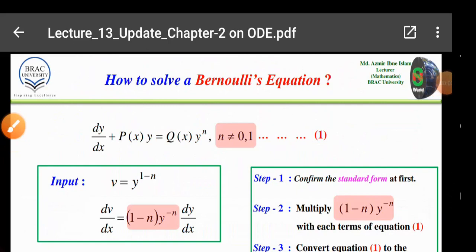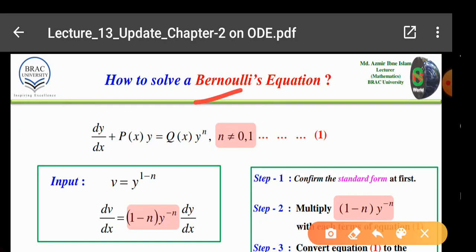And finally, a first order differential equation may be called a Bernoulli differential equation. So we have to know what is the standard form of a Bernoulli differential equation. That is, dy/dx plus py equal to q y to the power n. But the condition is that n cannot be 0 or 1, but it is valid for other values.